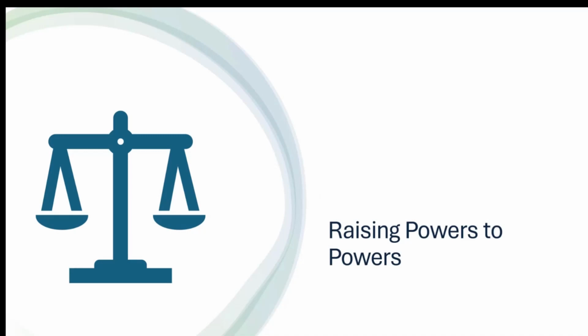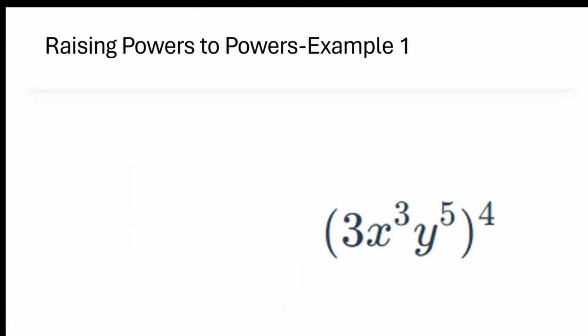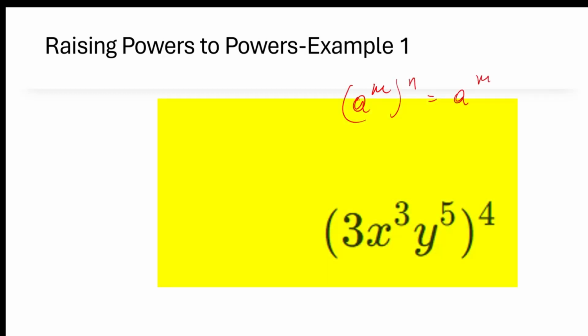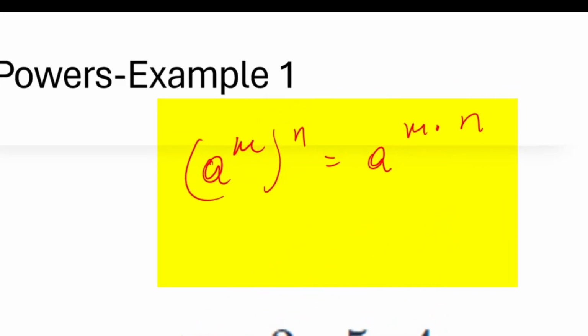All right. Now once we finish that, we're going to jump into raising powers to powers. Let's look at the first example given right here. The rule to raise powers to powers is as simple as this. If I have a to the m, raised to the n in parentheses, this is simply going to be a to the m times n.